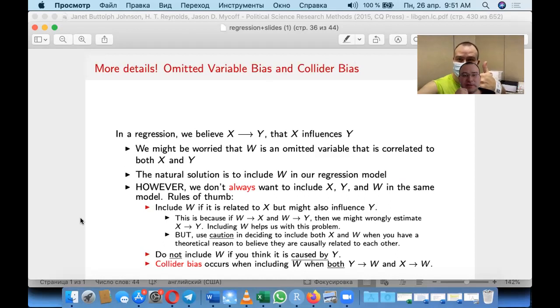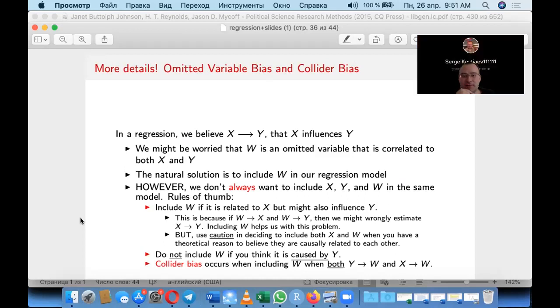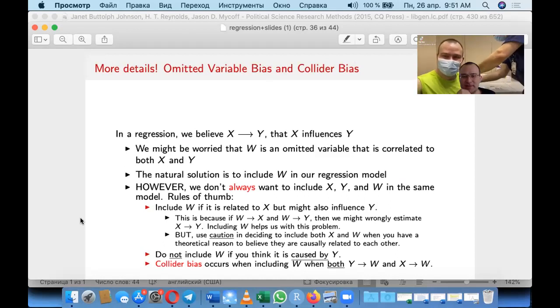But the problem is there could be some other variable, for instance, in this case they call it W, which also has some kind of effect on both variables, your dependent variable and your independent variable. You could do a bunch of things with such a situation. First, you might include this variable into your regression model.